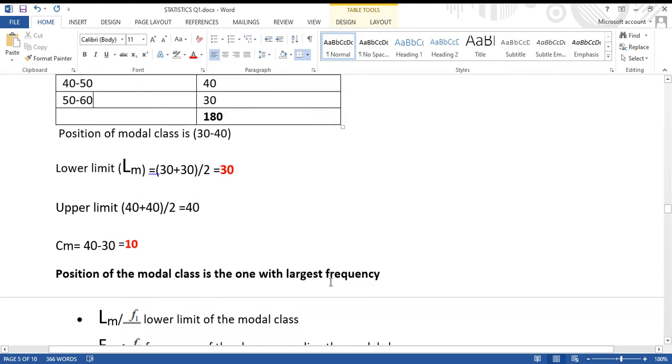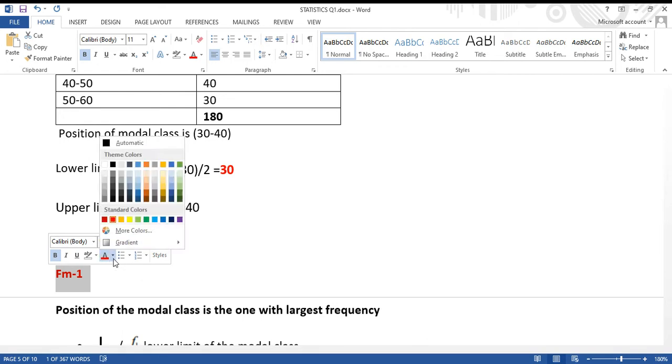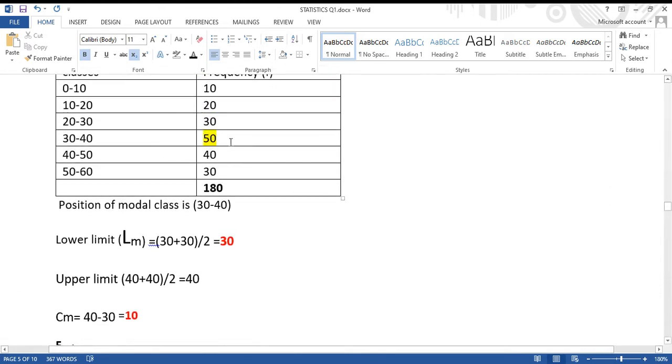We have to find our frequency before the model class, which is fm minus 1. Okay, the frequency which is before our model class, this is 30.